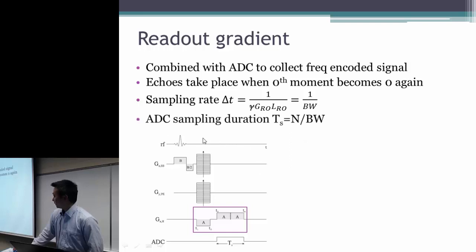So the total time of the readout, or the ADC sampling duration, is delta t multiplied by how many samples you have, right? So it's basically just n delta t. Equivalently, if we know the bandwidth, it's n over the bandwidth. So that means the total readout length is represented like this.